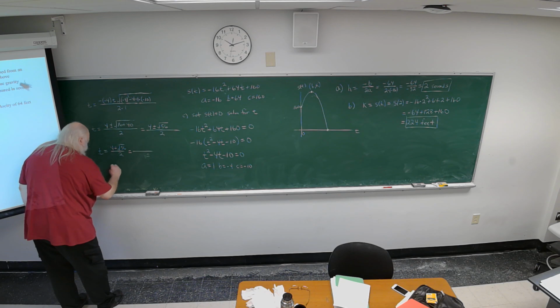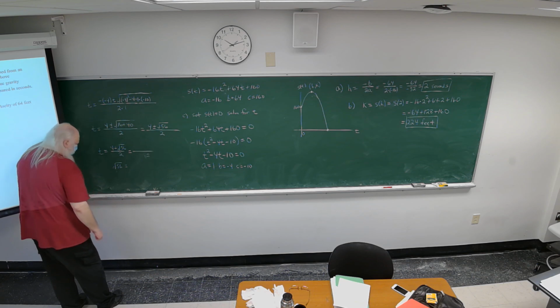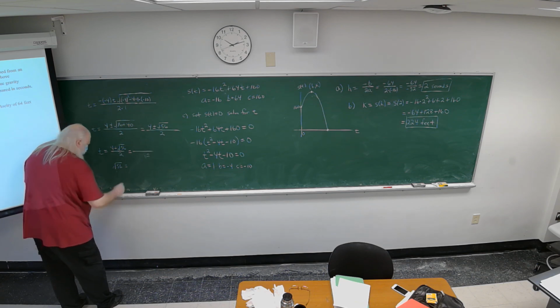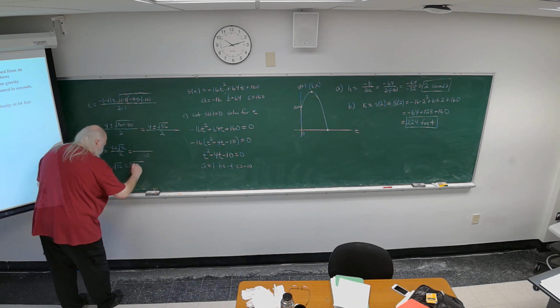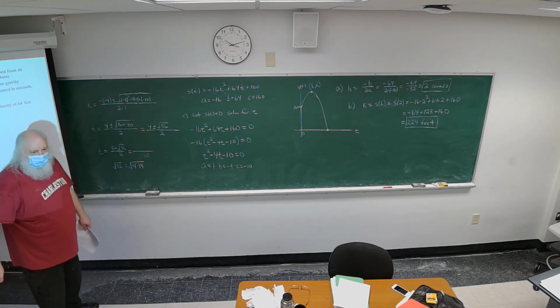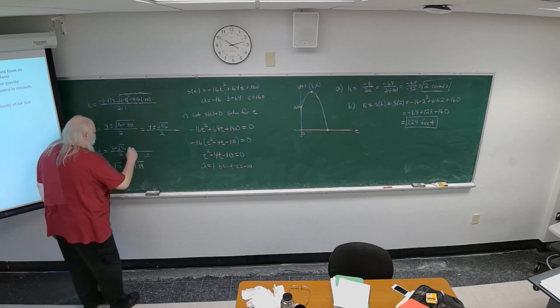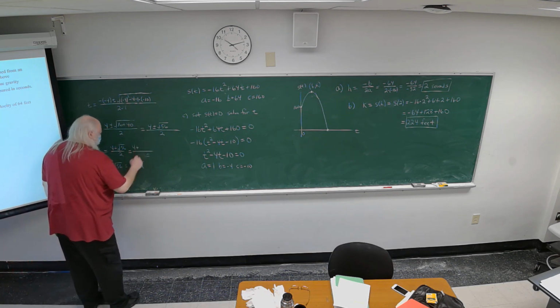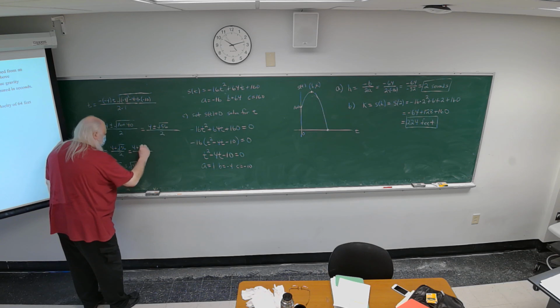Square root of 56, does that reduce? 56 divided by 2 is 28. 28 is 14. So square root of 56 is 4 times 14. So we have 4 plus, square root of 4 is 2, square root of 14, over 2.